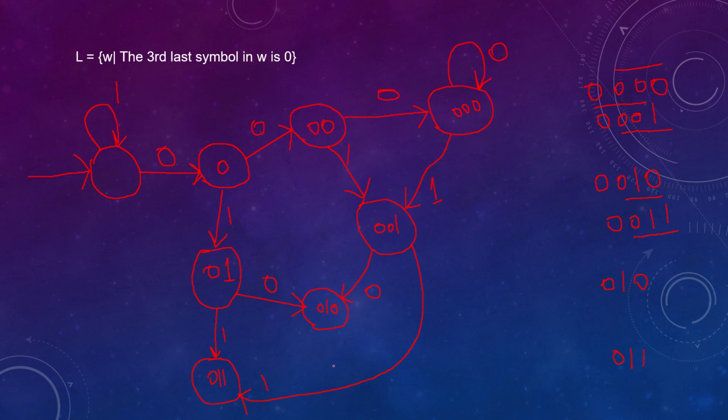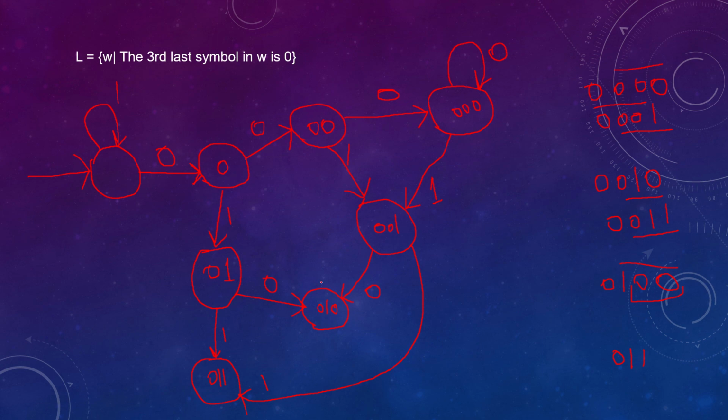Now from the 0 1 0 state, if we get a 0, then the three last symbols are 1 0 0, but we don't have any state that represents 100, right? But if you look carefully, you will see that we have a state that represents 00 as the two last symbols.